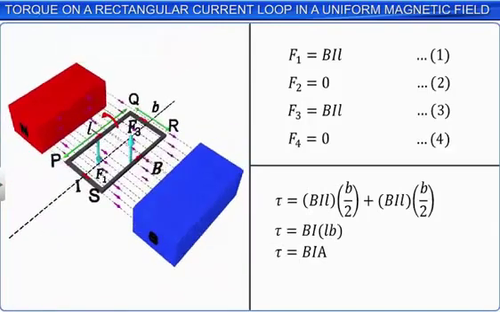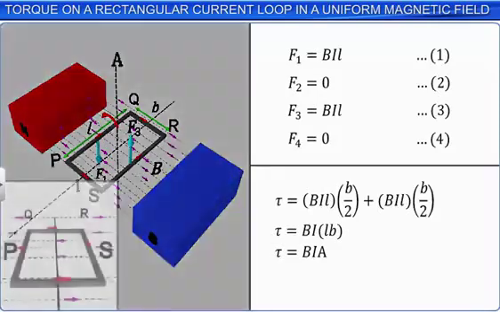We know that torque is a vector. Hence, the expression for torque on the rectangular current carrying loop placed in the external magnetic field can be represented using vectors. We know that magnetic induction B is a vector. We now assume another vector A called the area vector. The direction of the area vector is given by right-hand rule.